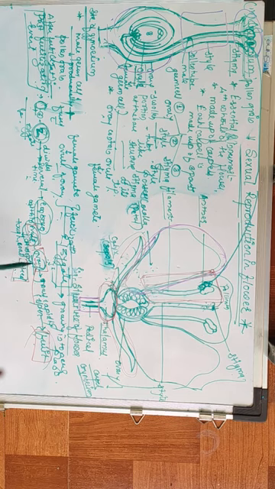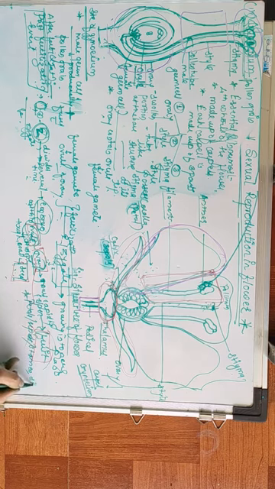Once the seed and fruits are formed, meanwhile these petals, sepals, stamen, style, and stigma may wither and fall off.